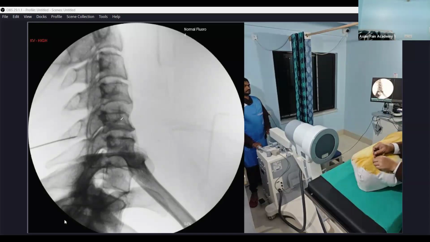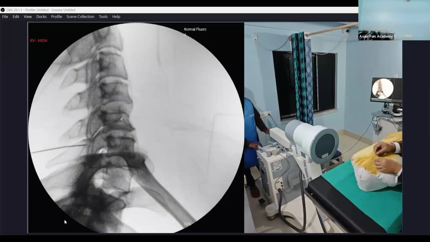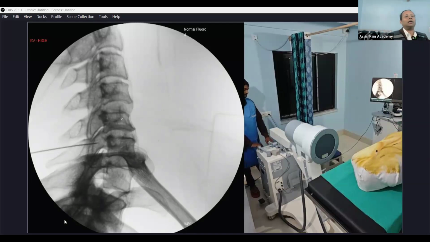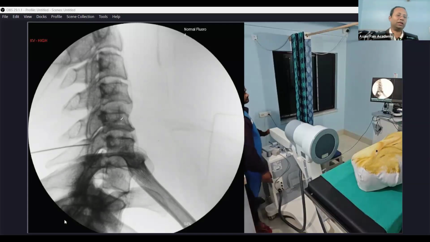So it has not reached. So now it is actually here. Here we cannot go much in, but yes, sure. From the lateral view, we will see like this only, and from the AP view, we have to see that we are just between the pillars.